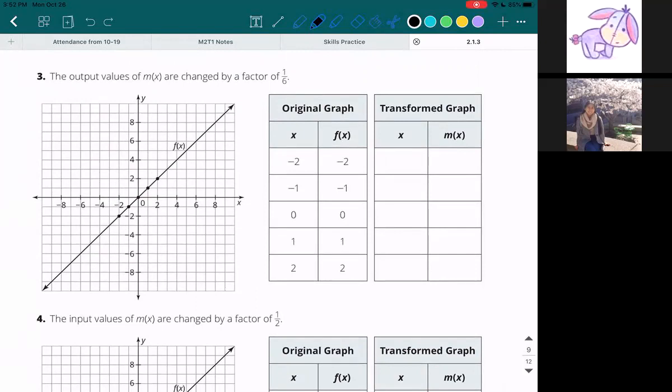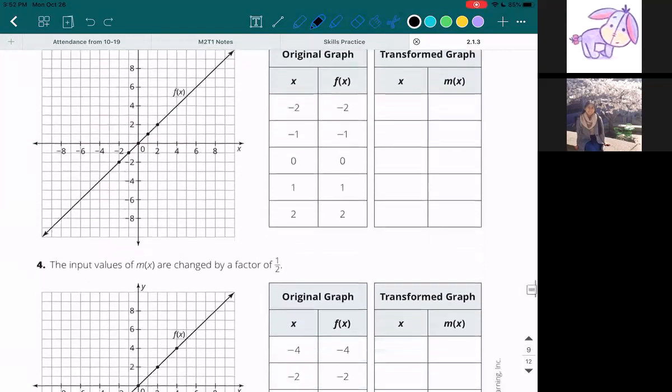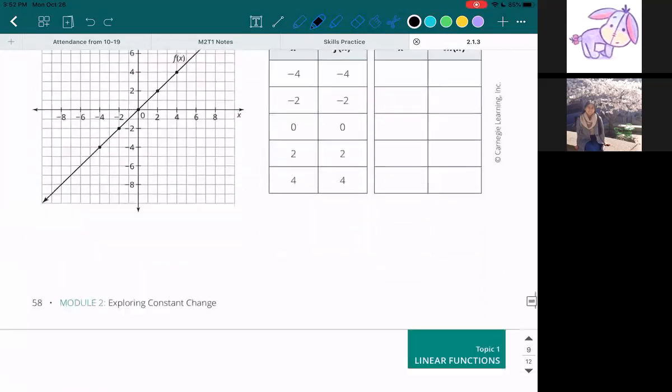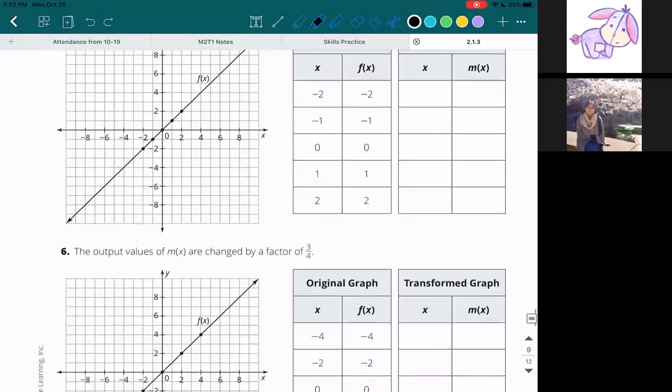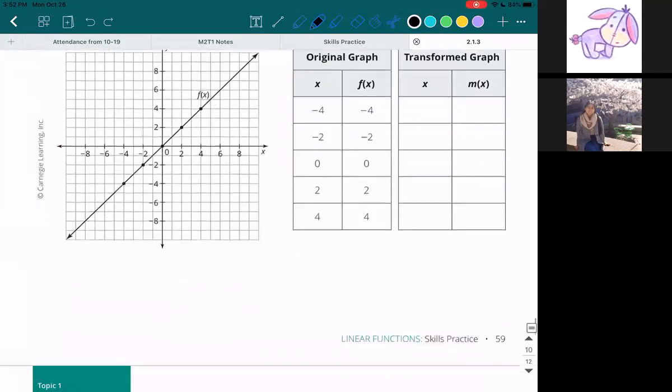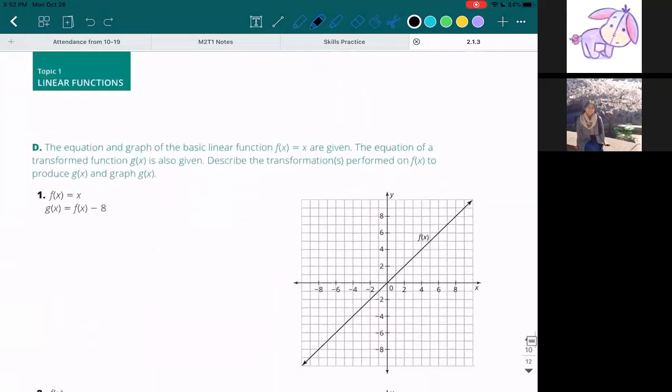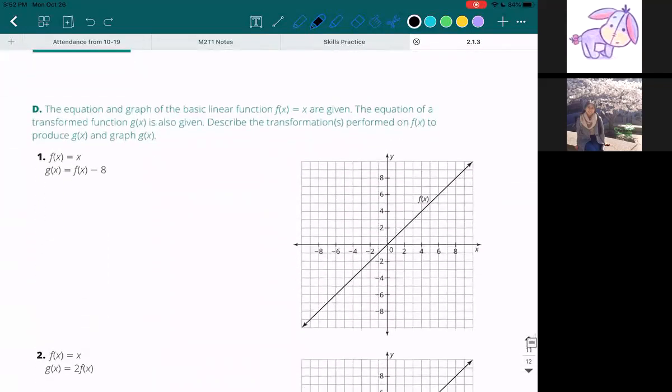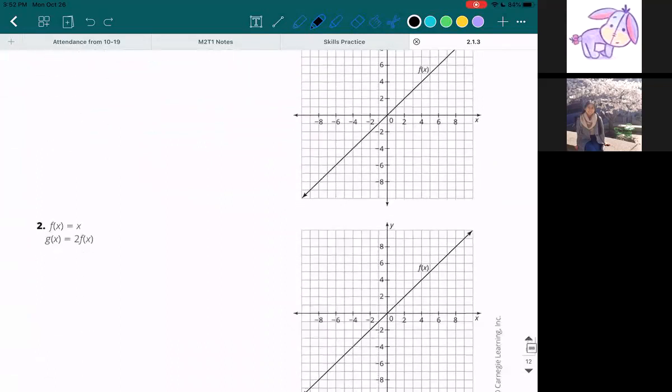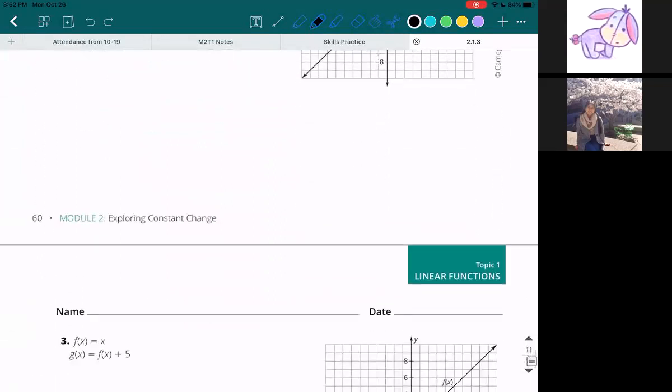If that helps you out, just turn it into a decimal, okay? This one multiply by 1/2, multiply by 3, multiply by 3/4. Turn it into a decimal if you need to. And then for these, it's just describing the transformations and then graphing it, like the last examples we did, okay? So describe the transformations and graph it.